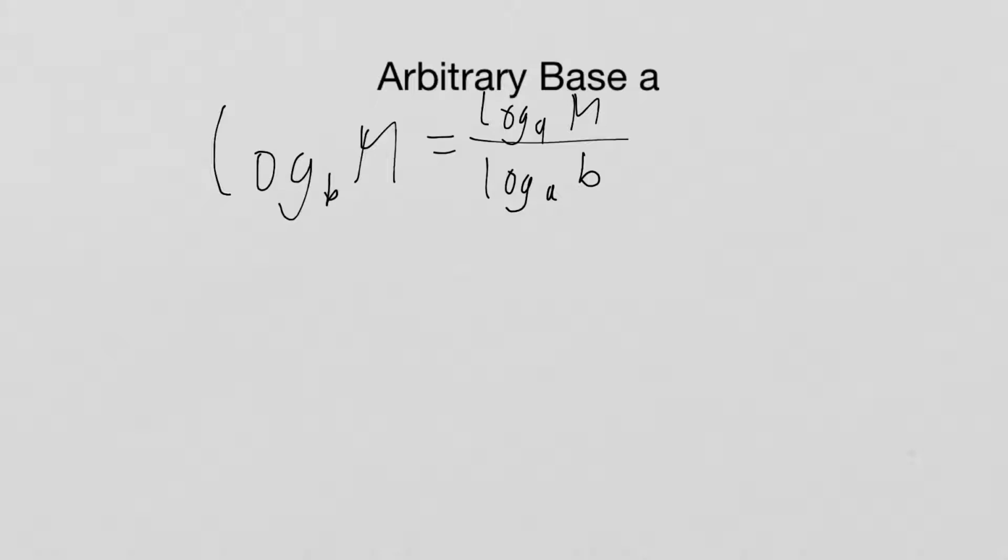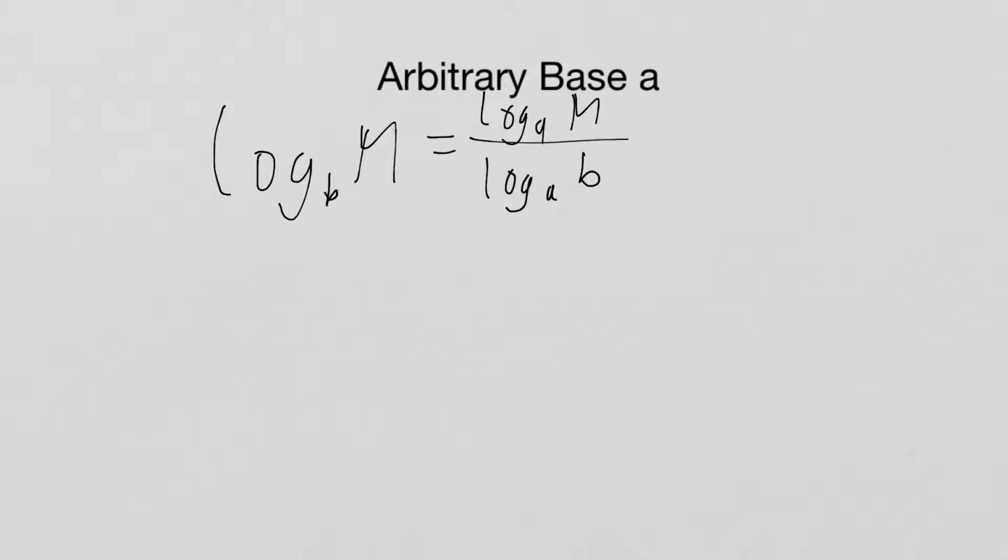So I hope you're seeing a pattern. Basically, whatever we're trying to achieve, we take the log of the base we're trying to achieve of the same base that we had before, and we end up with the base that we're trying to achieve of the original number or term.